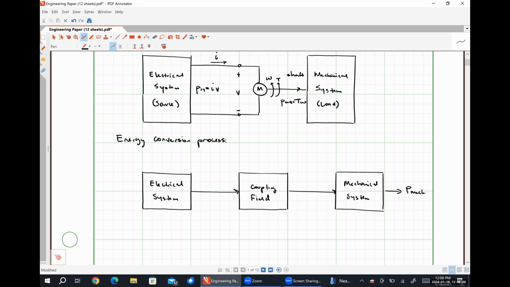We have these three main components of our electromechanical energy converter: the electrical system, the coupling field, and the mechanical system.